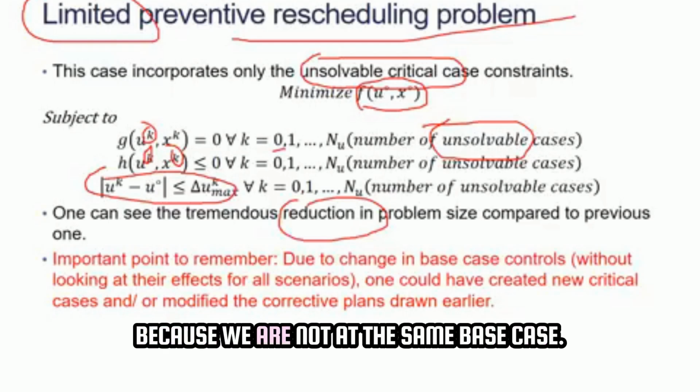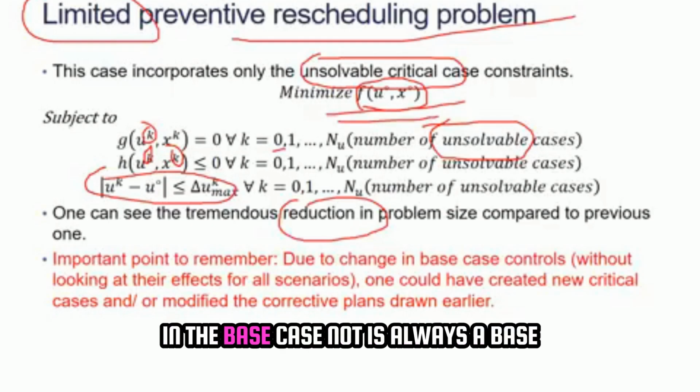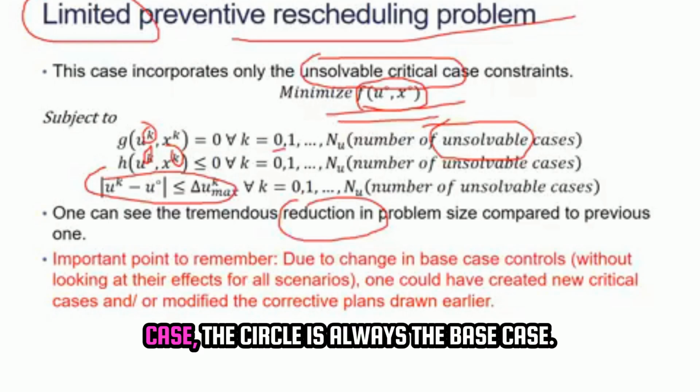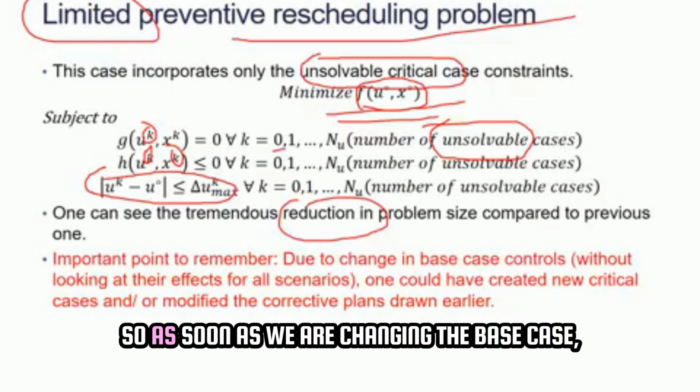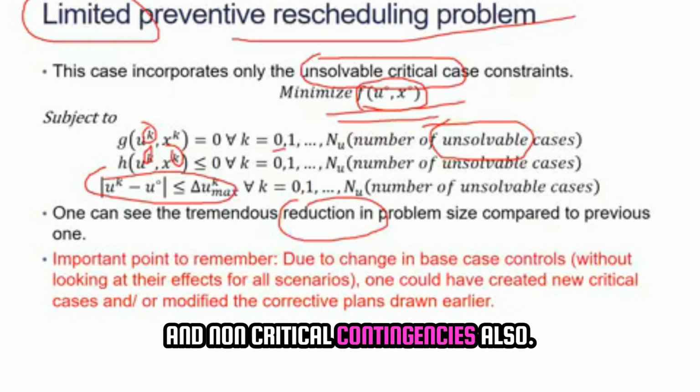Yes, because we are not at the same base case. We are adding a contingency in the base case, and the circle is always the base case. As soon as we change the base case, we also change the critical and non-critical contingencies.